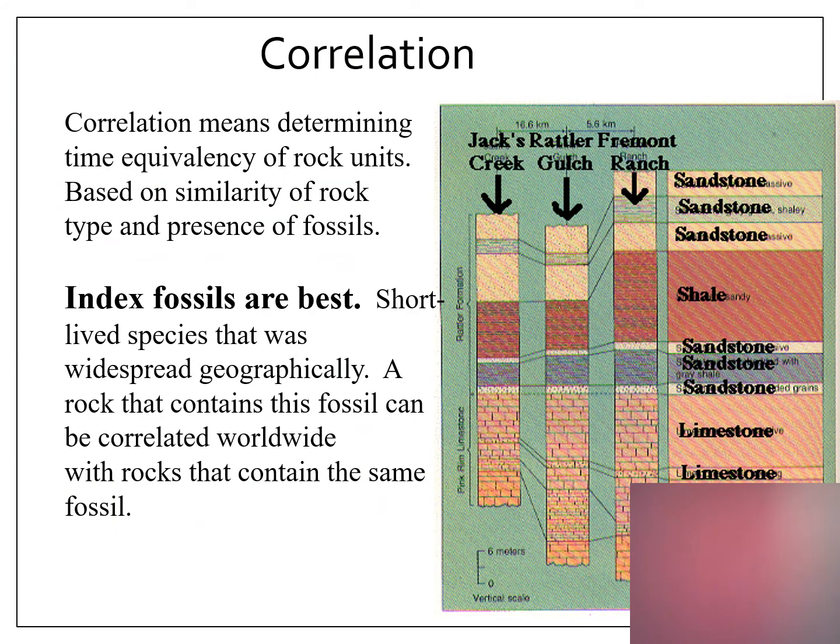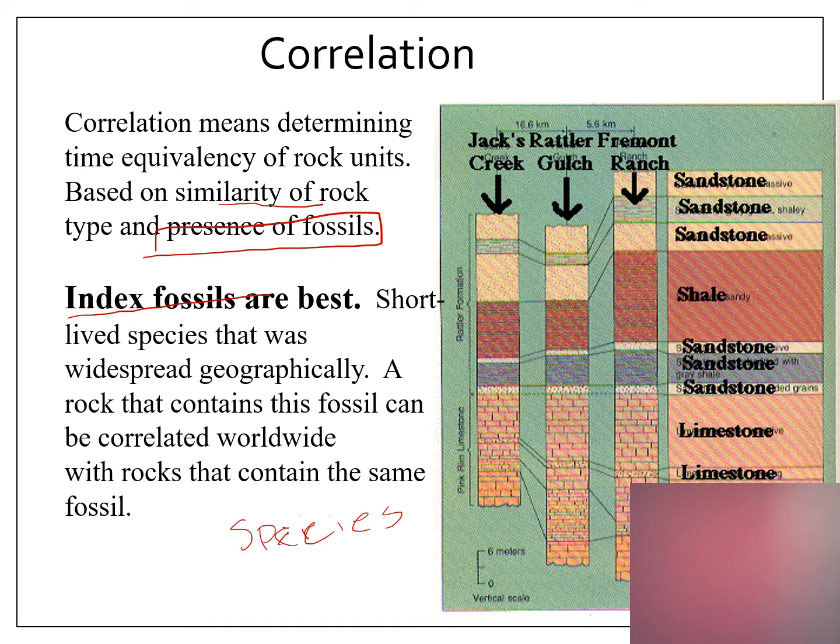And we're looking at correlations here. So we can do that from place to place to place. We can do that based on the similarity of the rock, but we can also do it based on the presence of fossils. Index fossils are the best because they are species that lived for a short time, but they were distributed geographically over very large areas.